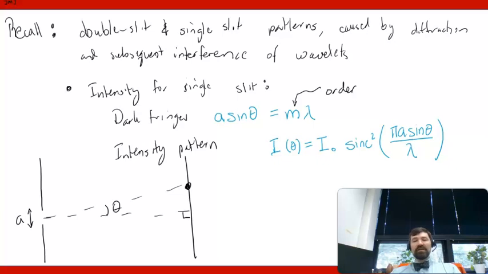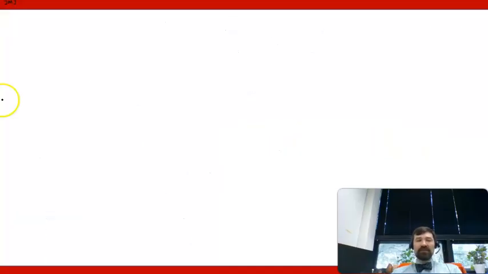This is your angle theta. And so this would be I of theta at this location. I naught would occur right here in the center. Okay. For the double slit, obviously it was proportional to a cosine squared and the distance between the two slits, but we're less interested in that today.